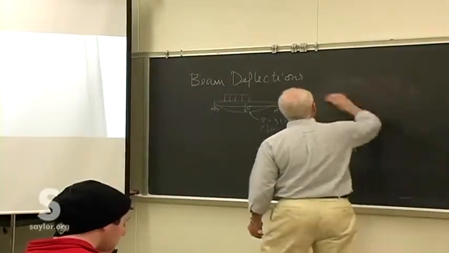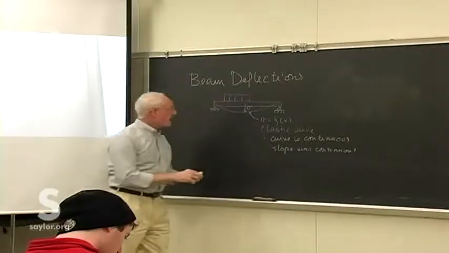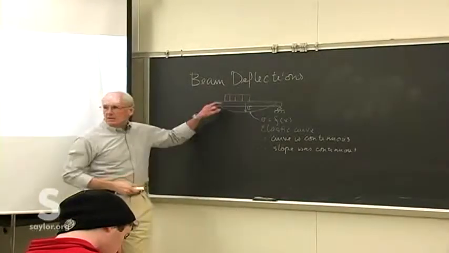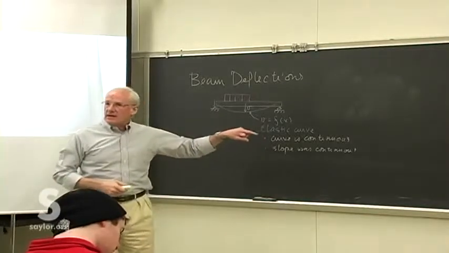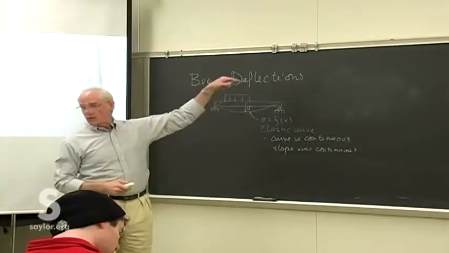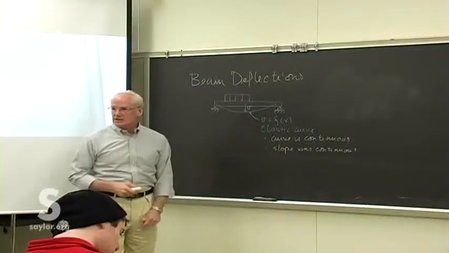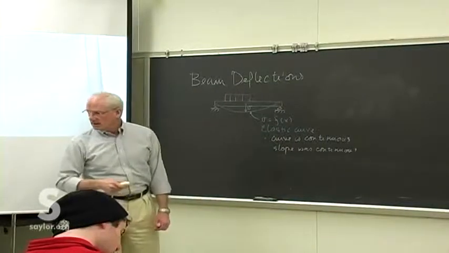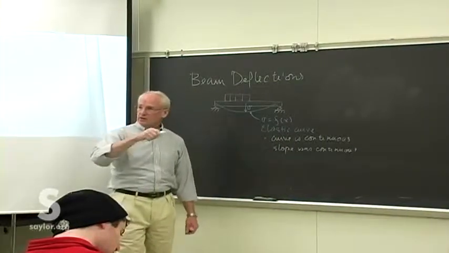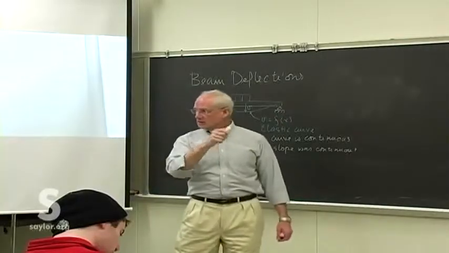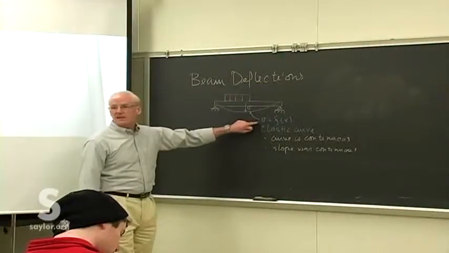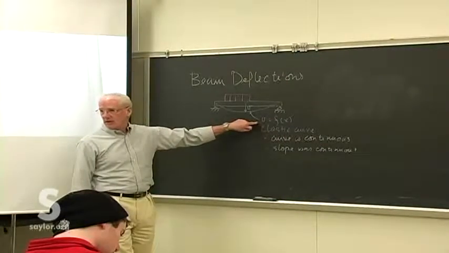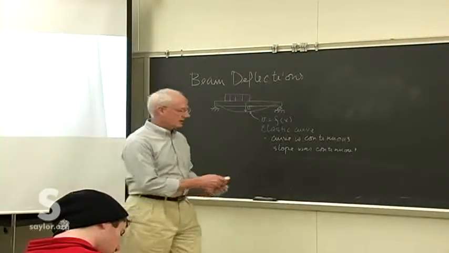So we worked through this, and it was usually a matter of figuring out the moment as a function of x, and then integrating backwards to this curve using the load, shear, moment, slope, and displacement curves, all related by their integration.